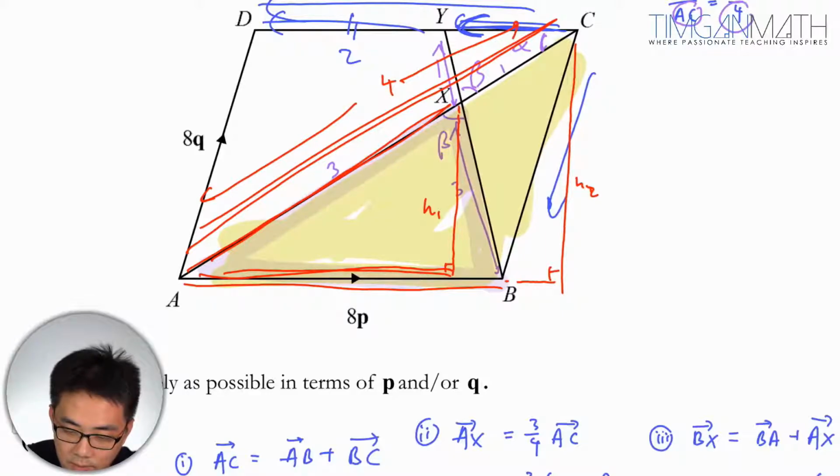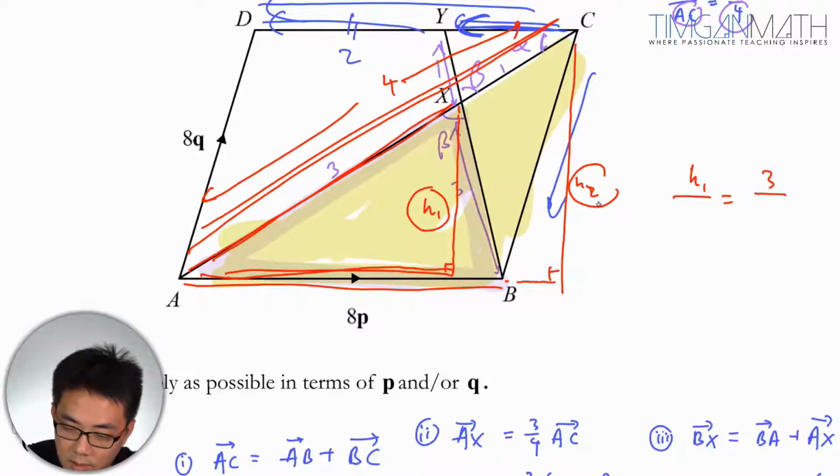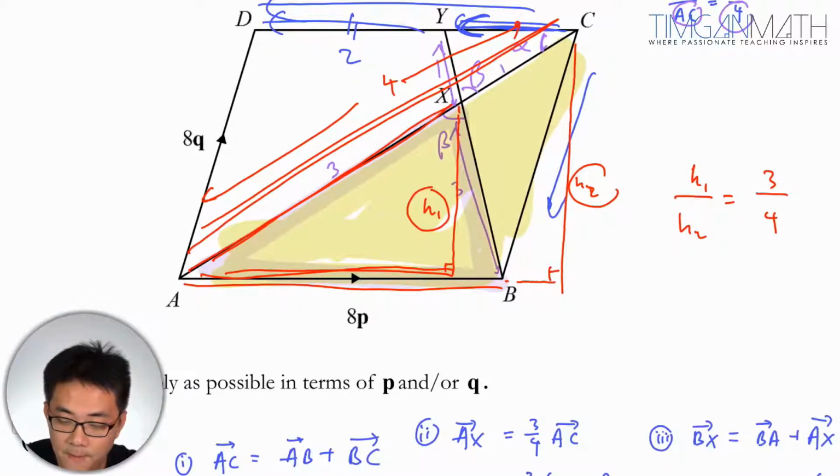So in other words, if you're looking at this H2 and H1, H1 would correspond to 3 units and H2 will correspond to 4 units. So it's not so straightforward per se. Okay, so the area of these two heights here would be this, right?